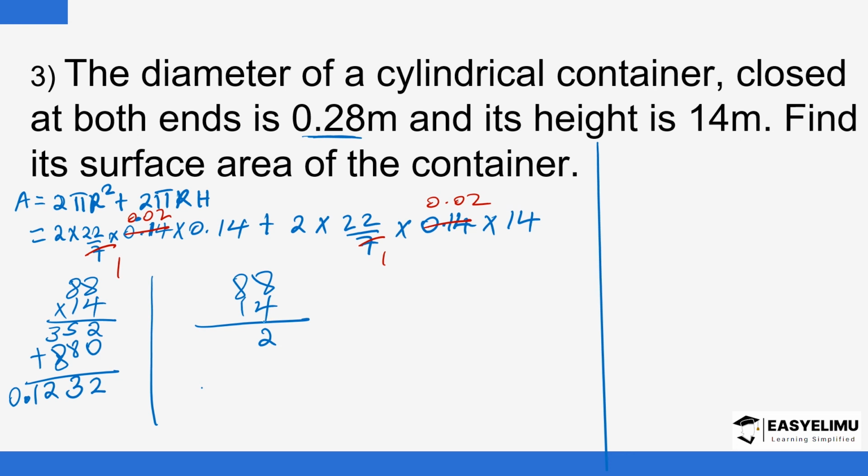So 32, 35, 0, 8, 8. Add the two products. This is multiplication. So this is 2. 3 carry 1, 11, 12. How many decimal places? 2 only.